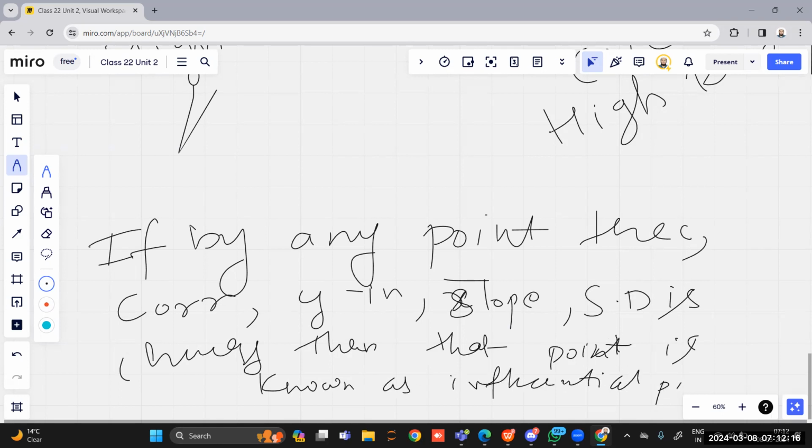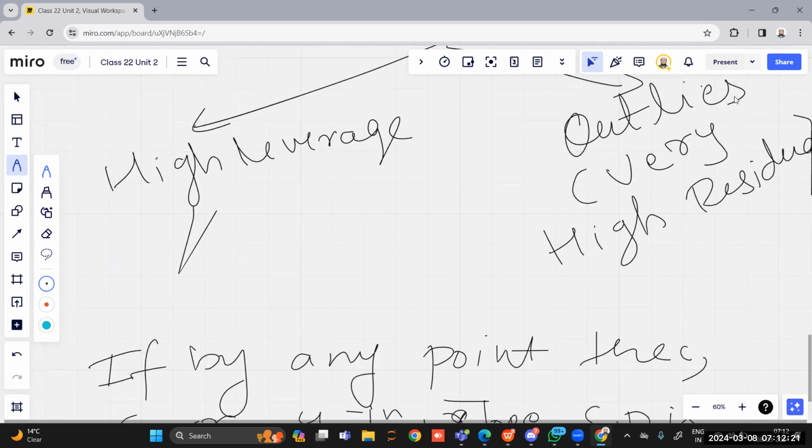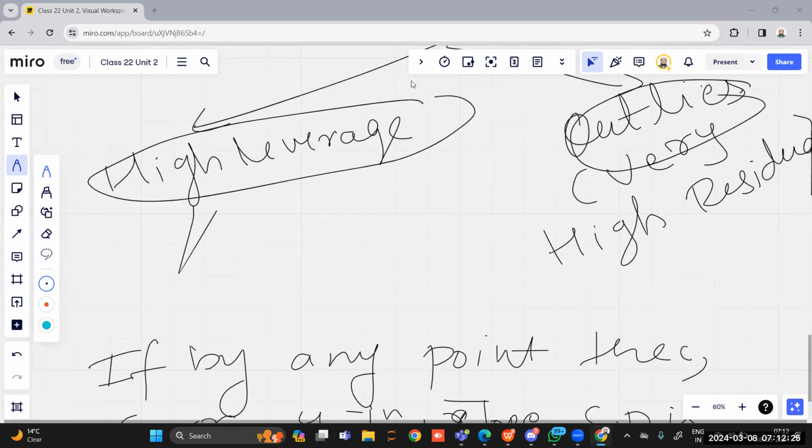And there are two types of influential point. One is the outlier, and one is the high leverage. Is the difference between these two points clear? High leverage and outlier.